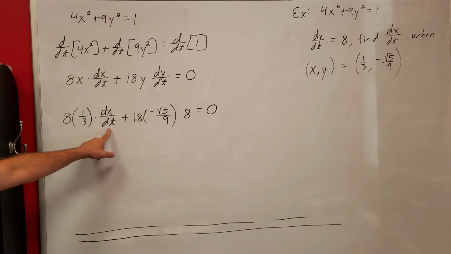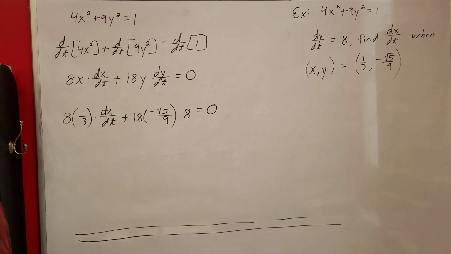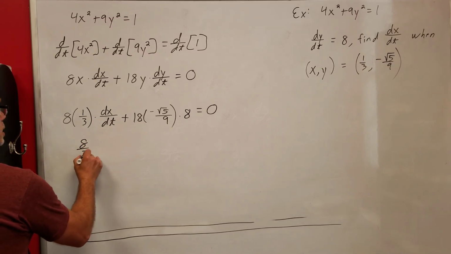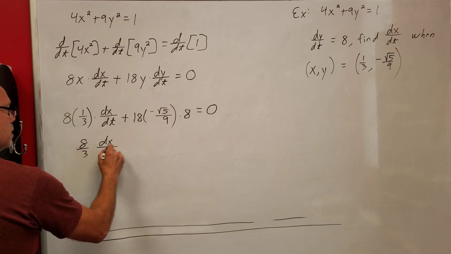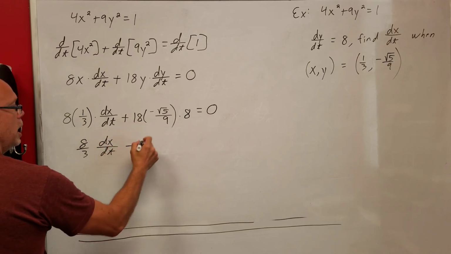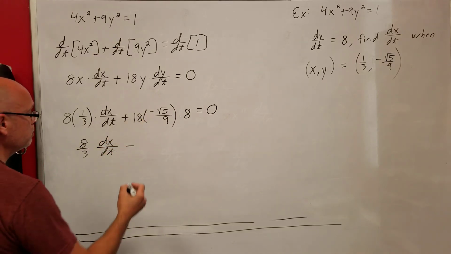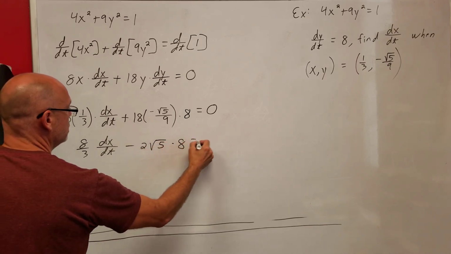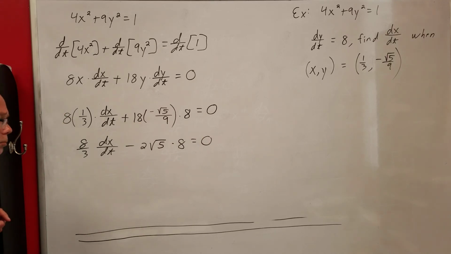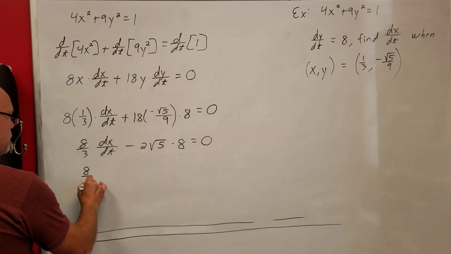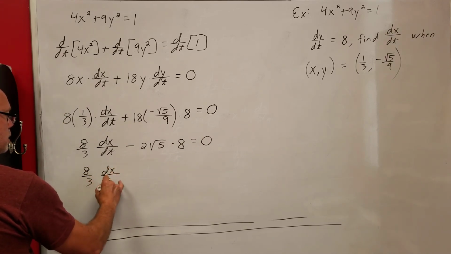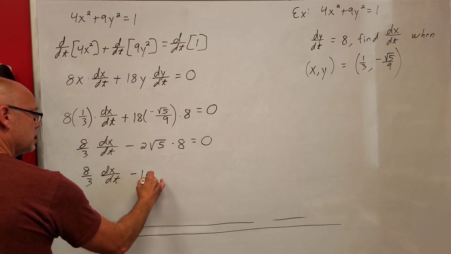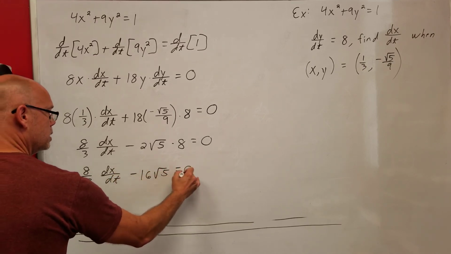Now it's just a matter of solving for dx over dt. So here we have 8/3 dx over dt minus, because positive times a negative, right? 2 square roots of 5 times 8 is equal to 0. Or I can say 8/3 dx over dt minus 16 square roots of 5 is equal to 0.